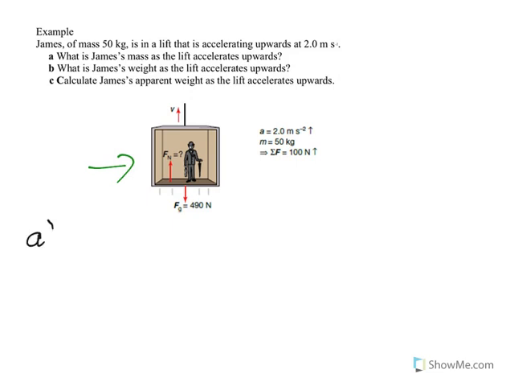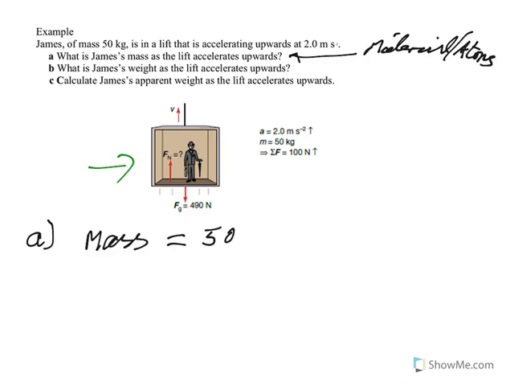First of all, part A says, what is James' mass as the lift goes up? Well, James' mass is not going to change. Remember, mass is to do with the material, the atoms. So it makes no difference whether James is moving up, down, stationary or whatever. His mass stays the same, and that's 50 kilos.